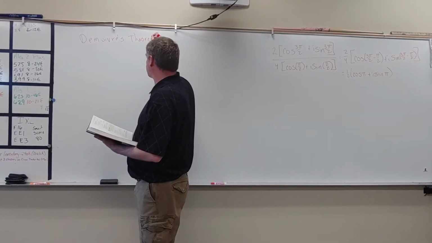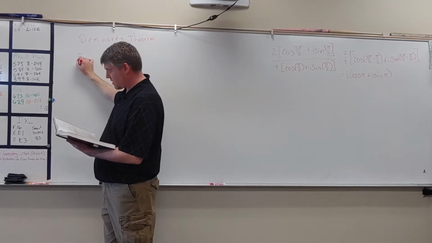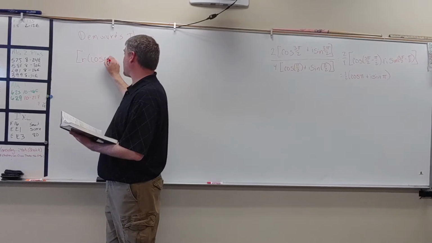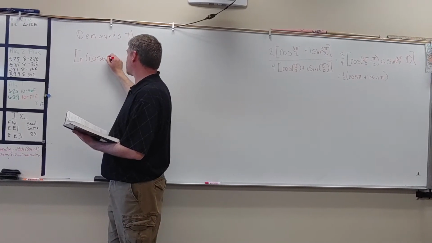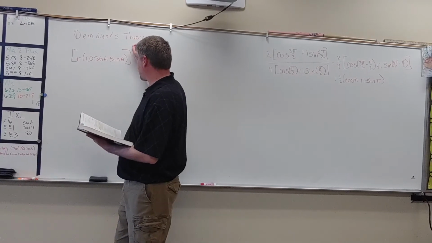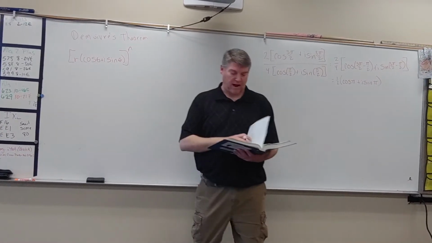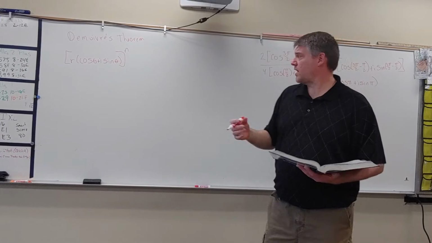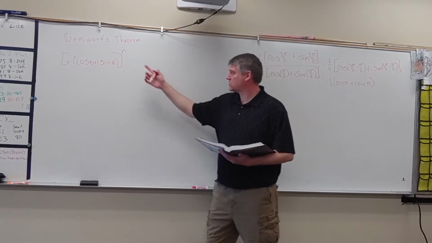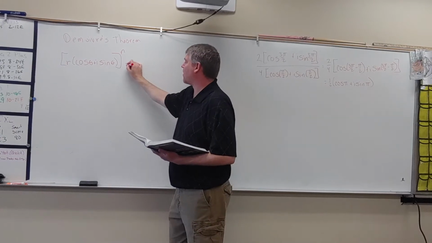And so if I have r times cosine theta plus i sine of theta, and I'm going to take that whole thing and raise it to the nth power. Now that I have it to the nth power, remember that we're expanding out. And so this n is actually going to come to that r.